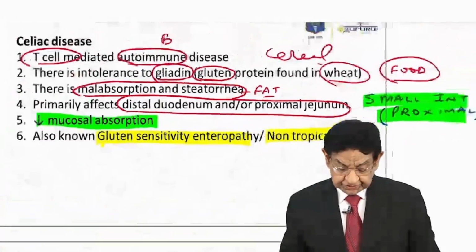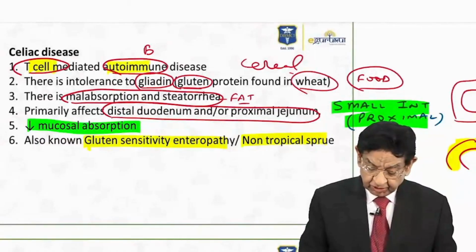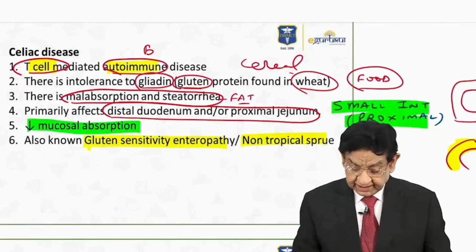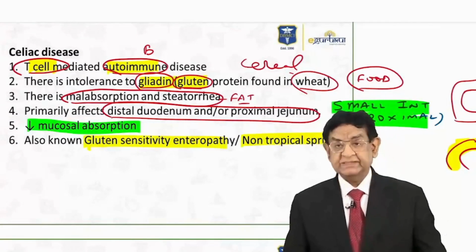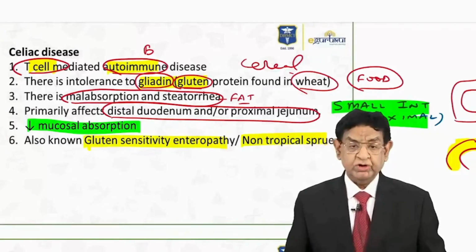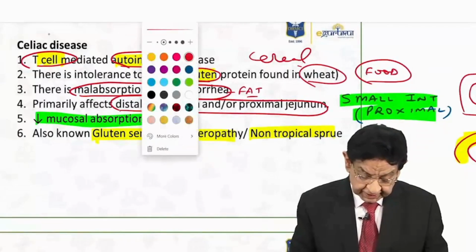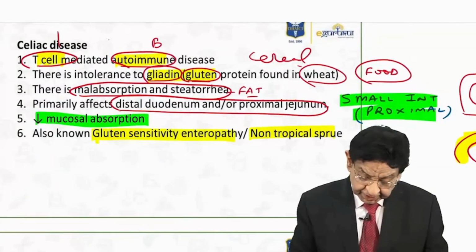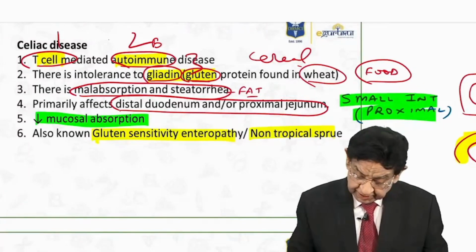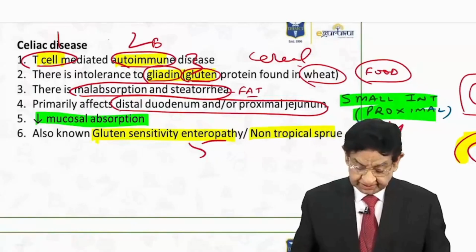So friends, the key words to remember here are T cell, autoimmune, gliadin, gluten, small intestine proximal part, and gluten sensitivity or non-tropical sprue. These are keyword number 1, number 2, number 3, number 4 and number 5. These are the 5 keywords to remember in this particular slide.